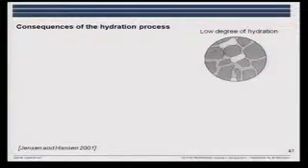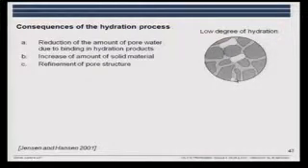The dark gray is the cement grains, the lighter gray is the water, and the white here is pores. So we have a reduction of the amount of pore water due to the binding in the hydrates, an increase of the amount of solid material, and a refinement of the pore structure. That's what's happening.